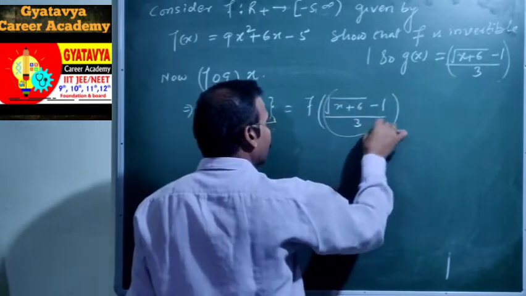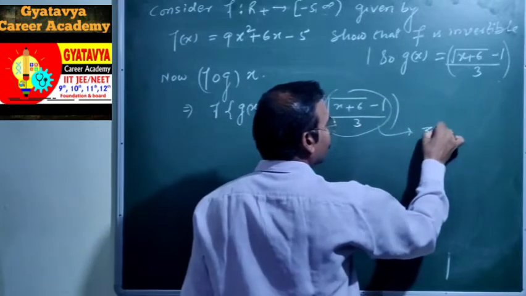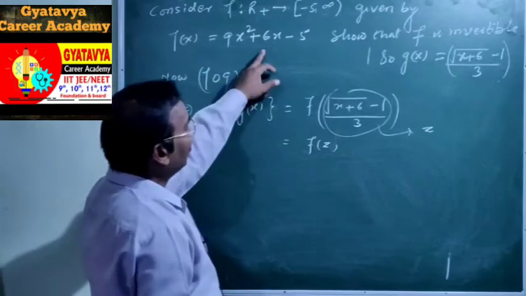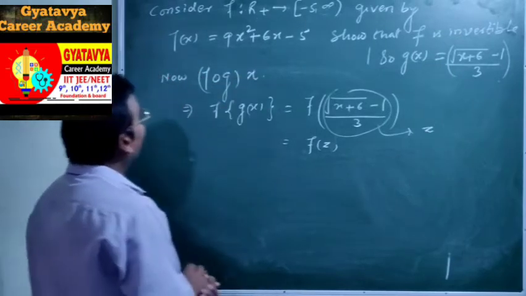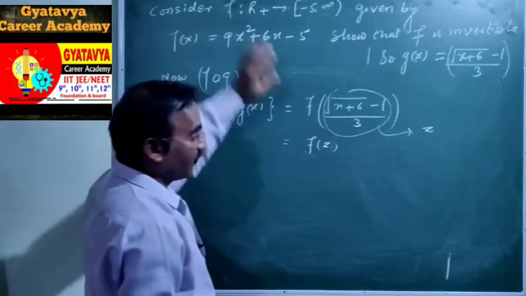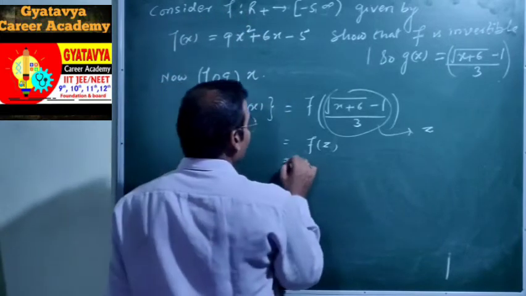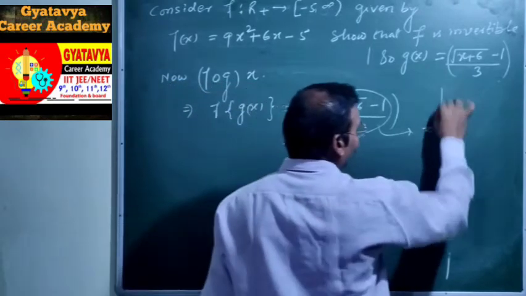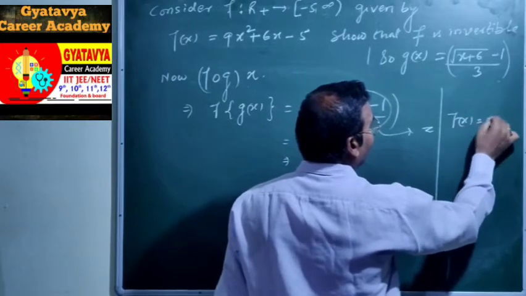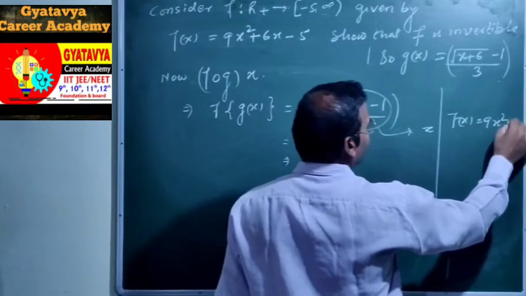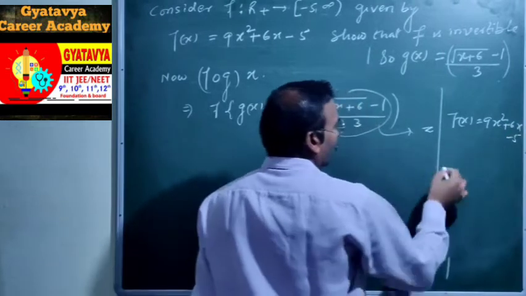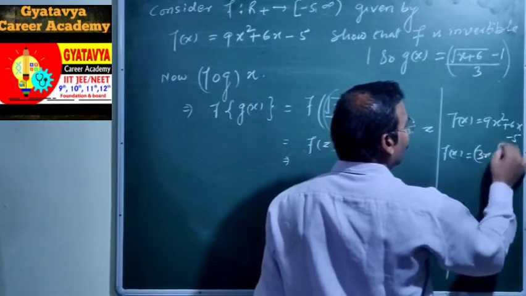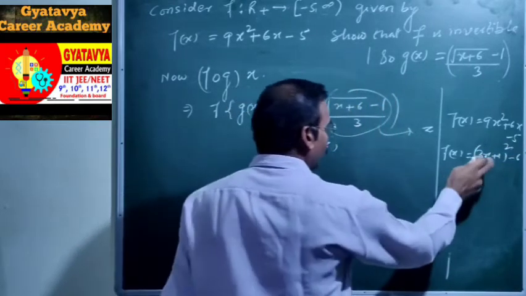Now suppose all these terms as z, so we will get f(z). Now what is f(z)? You have to use the completed square form. f(x) is given as 9x square plus 6x minus 5, which is (3x plus 1) whole square minus 6. So you have to use this f(x).